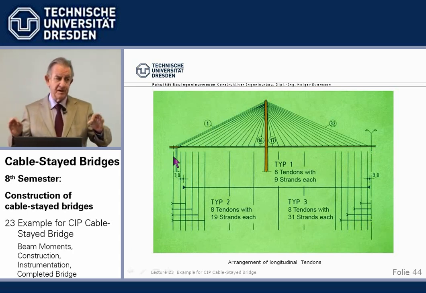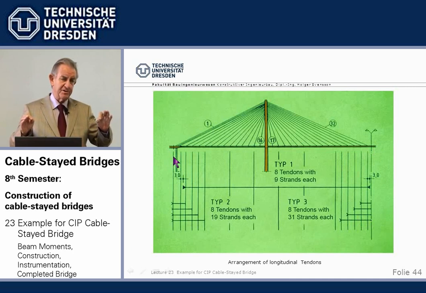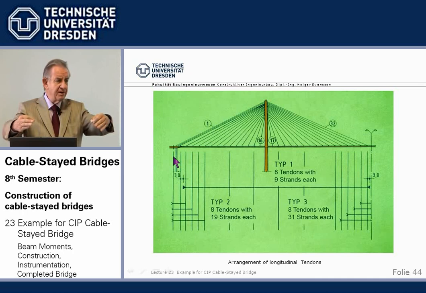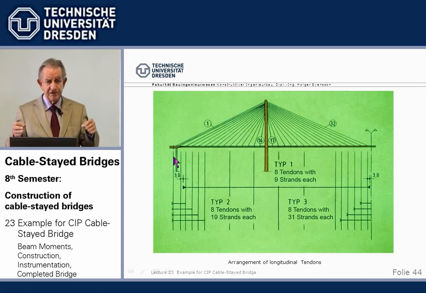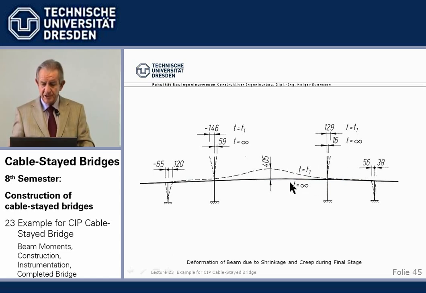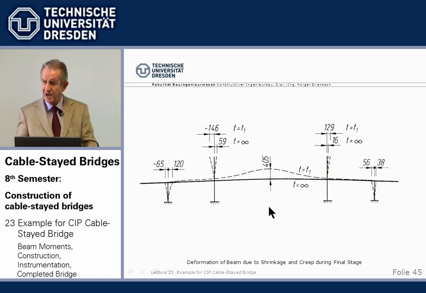After closing the bridge, and t equals infinity, meaning for the shrinkage and creep taking place over the life of the bridge, the beam goes down by 405 millimeters, nearly half a meter, and the tower tips come to the inside or outside, depending where you are, by about 200 millimeters.